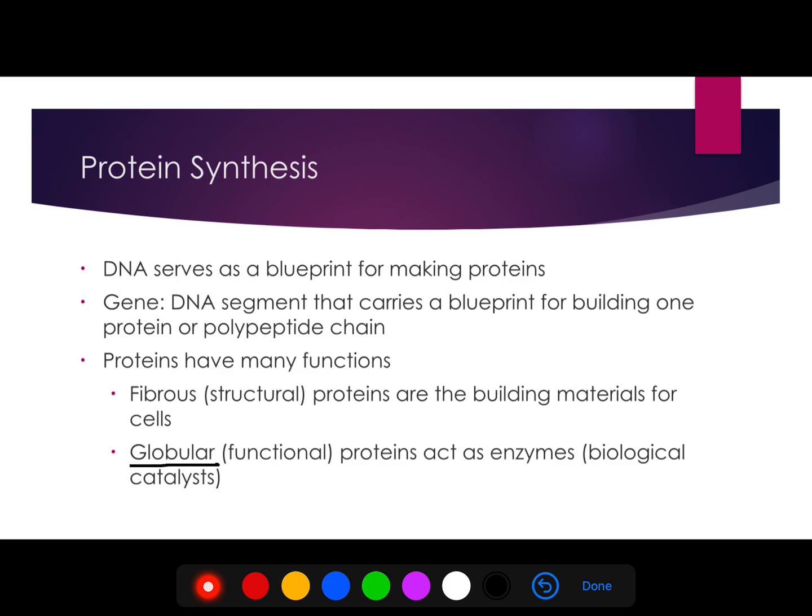These are ones that actually have some type of function. They could be enzymes, they could be used as hormones, so they could have many different functions, but these are going to have more of a three-dimensional shape versus a string or rope-like shape. And again, they're going to have a more specific function other than just helping to form a structure within the cell.